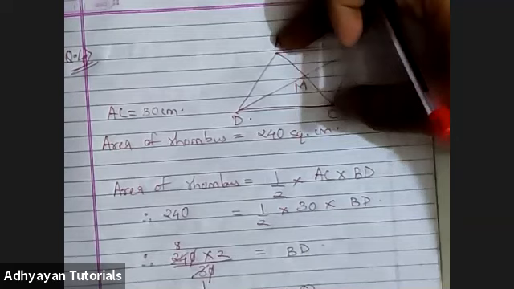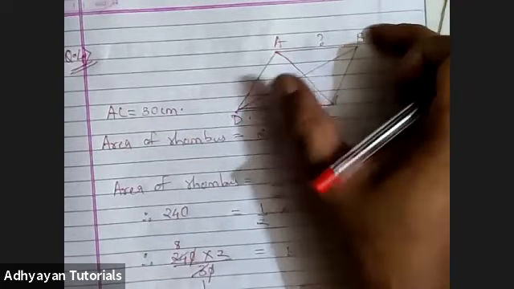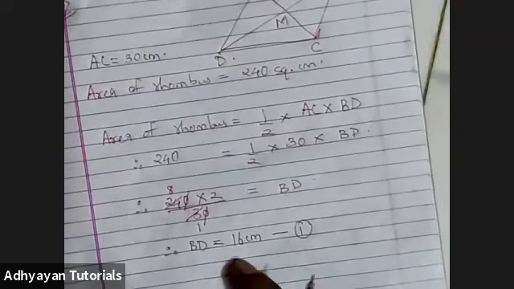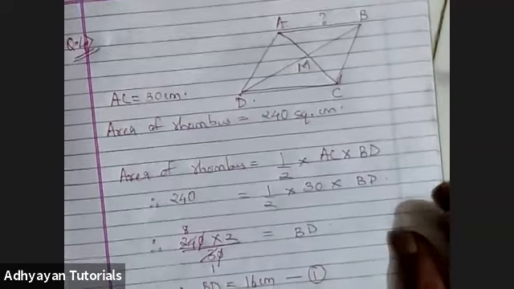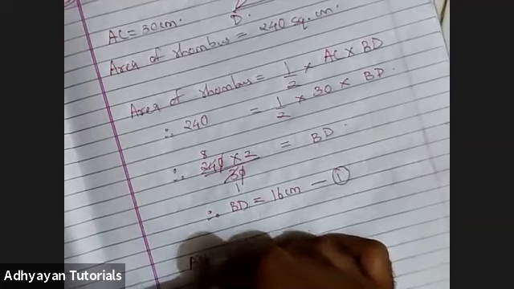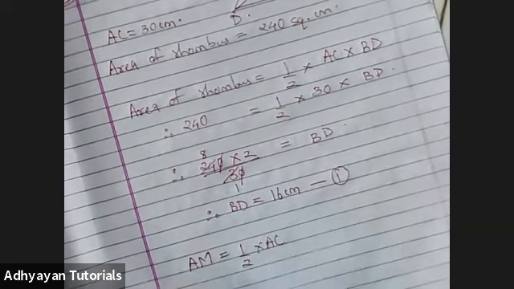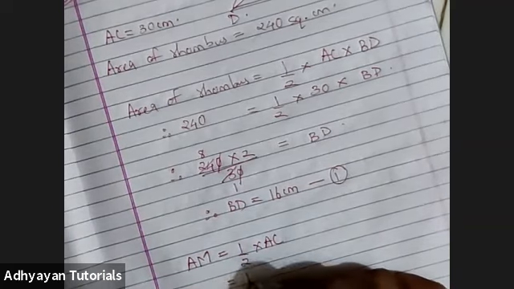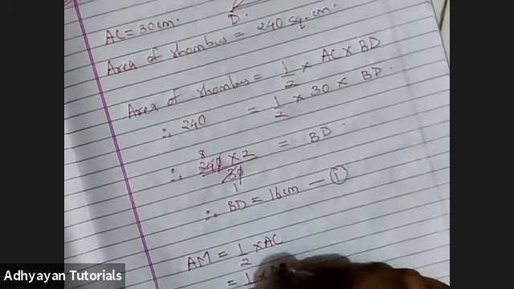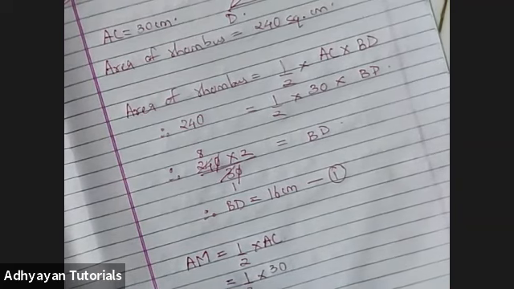AM is nothing but half of AC, मतलब half of 30. अच्छा, MB is nothing but half of BD, तो half of BD मतलब 8 हो जाएगा, लेकिन वो हम लोगों को करके दिखाना पड़ेगा, right? So I'll just jot it down here that AM is basically half of AC, right? So the value is half of 30, which is nothing but 15 centimeter, and I mark it as equation 2.